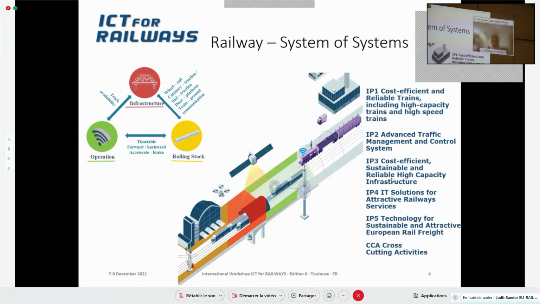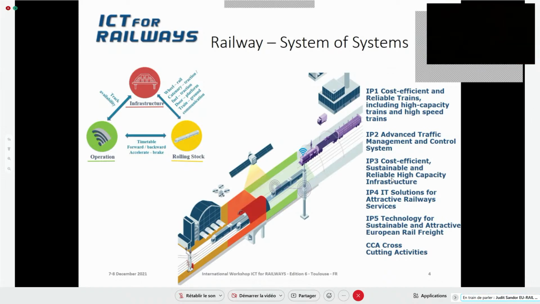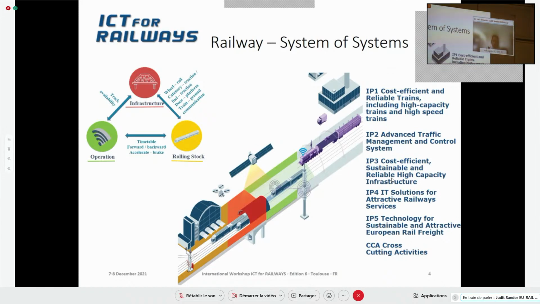So what is also important, and what also Gian Osvaldo said in the beginning, is that when we are talking about research, then we should also look into the impact on standardization and on the regulatory aspect, and build a common strategy, because this will help us to ensure a proper market uptake and also to maintain the competitiveness of the railway sector, the railway industry.